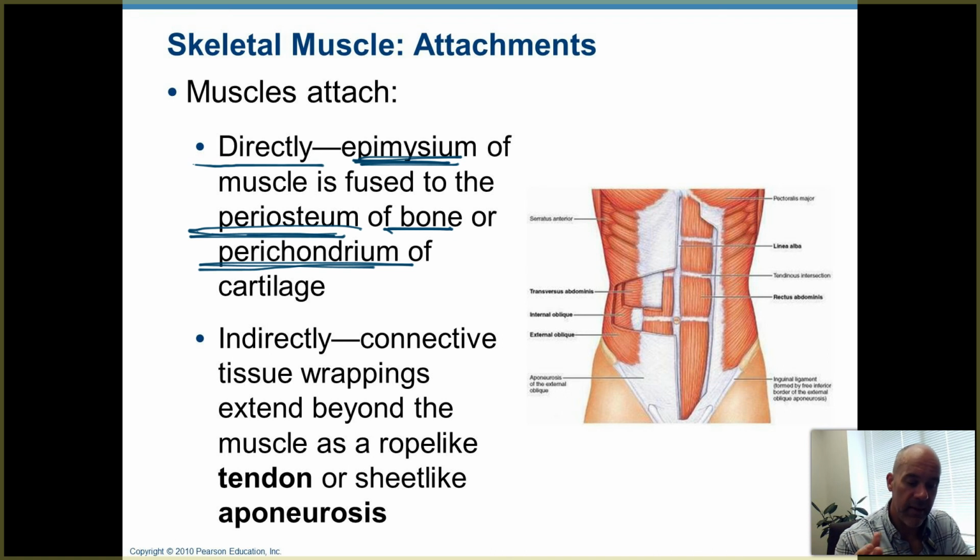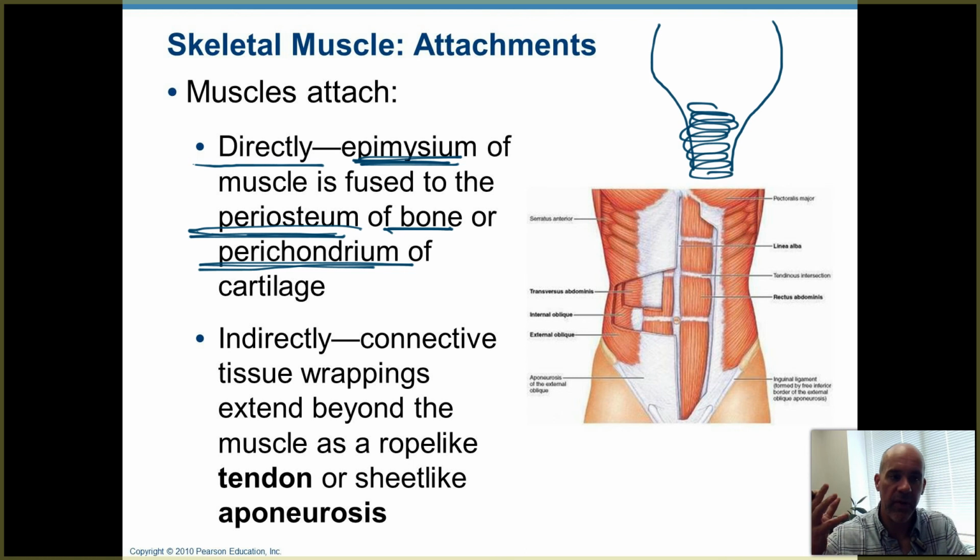this is where the epimysium of a skeletal muscle narrows and bundles together and forms a dense regular connective tissue structure called a tendon. That's a rope-like structure. And then in other cases, you can have dense regular connective tissue structures called aponeuroses. With an E would be plural, with an I is singular.